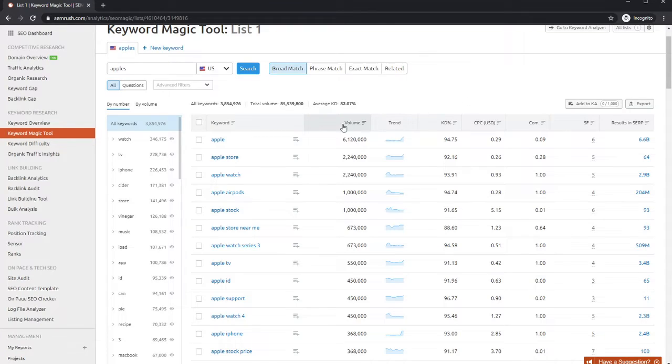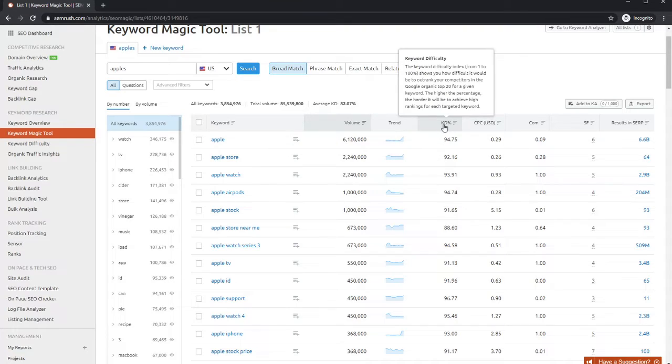So now you can see that the word Apple is searched 6,120,000 times. And as you can see, the trend is the keyword interest over the 12-month period. The trend is going up, so more people are searching up Apple. Who knows why, right? I'm assuming that we're not talking about the fruit. We're talking about the company Apple, which is why people search up Apple.